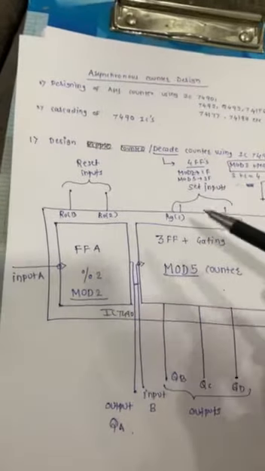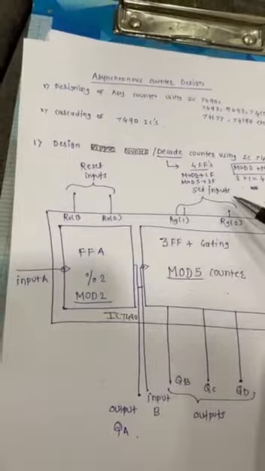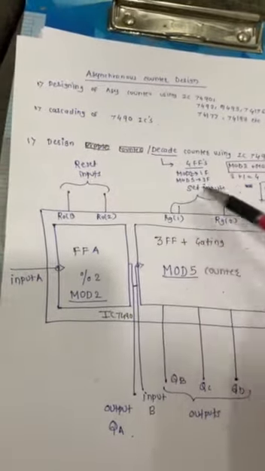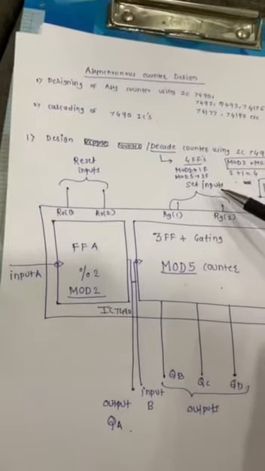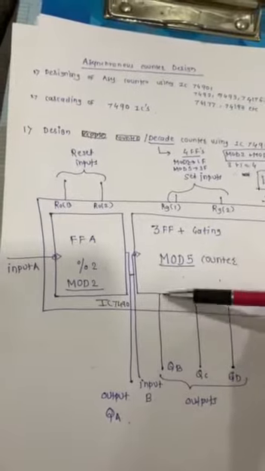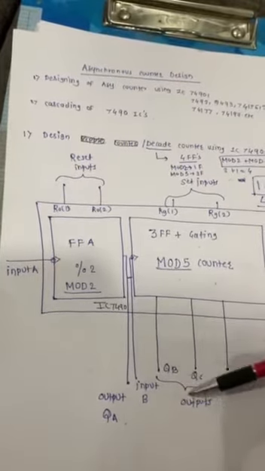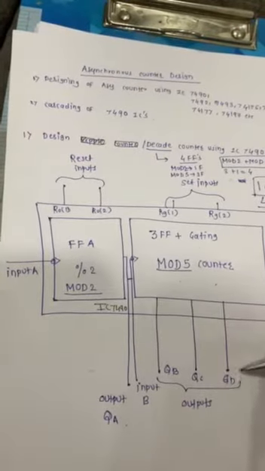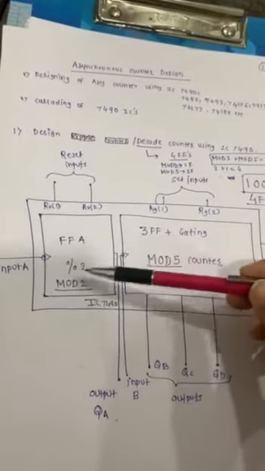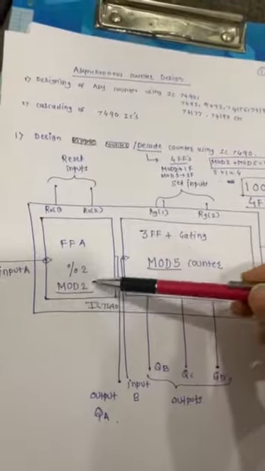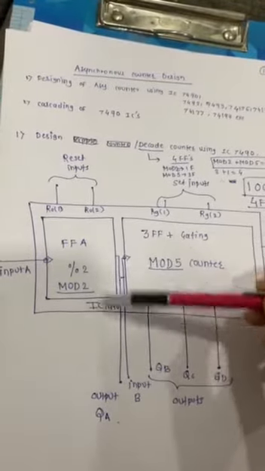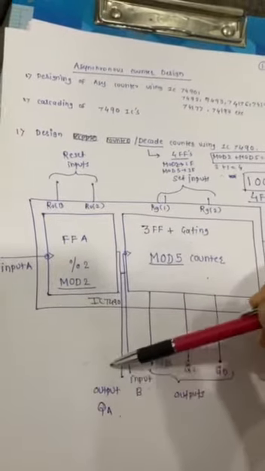It already has 2 reset inputs and 2 set inputs, which are used for setting and resetting. Here we draw QB, QC, QD as the 3 outputs of the 3 flip-flops in the mod 5 counter. In the mod 2 counter only 1 flip-flop is used, therefore the output is QA.